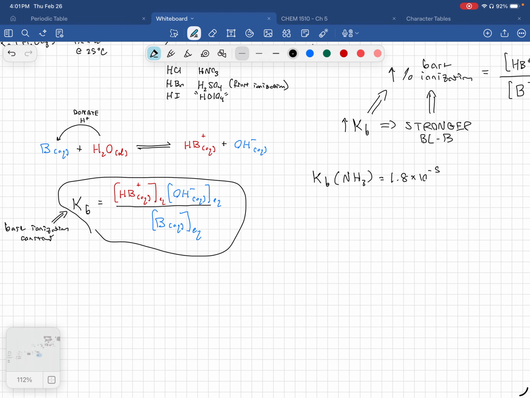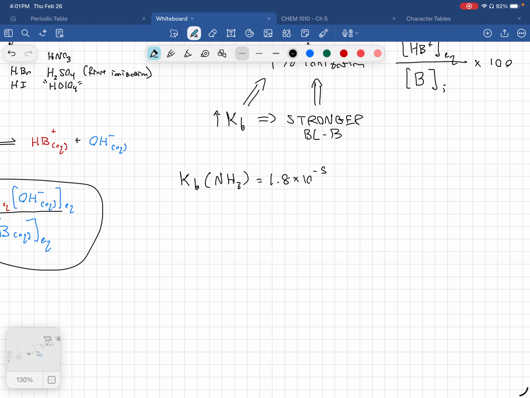And we can do the same thing for Kb's, right? Here's our NH3. So we can have NH3 aqueous plus water. Remember, for bases and looking at their ability as a base, we use water as a reference point.